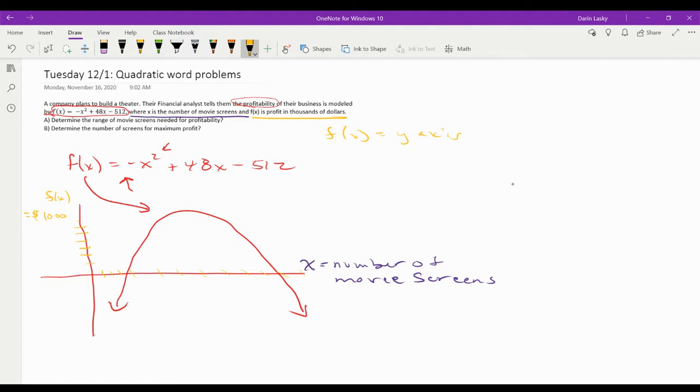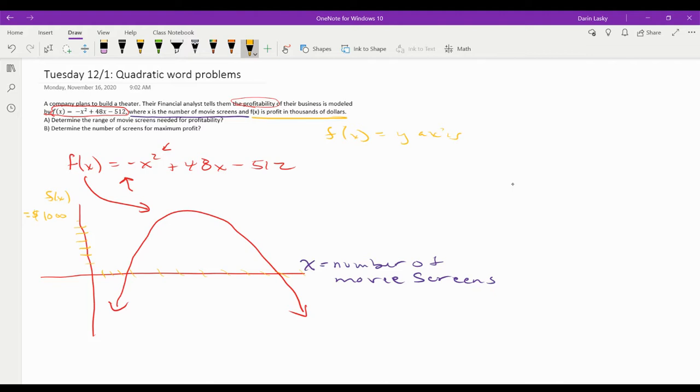Then they say determine the range of movie screens needed for profitability. Profitability means that there is a positive y-axis.